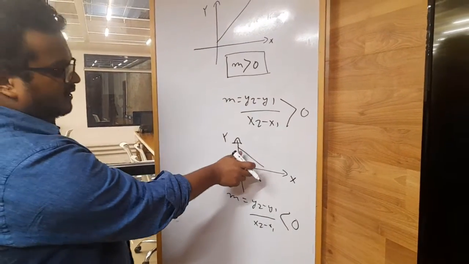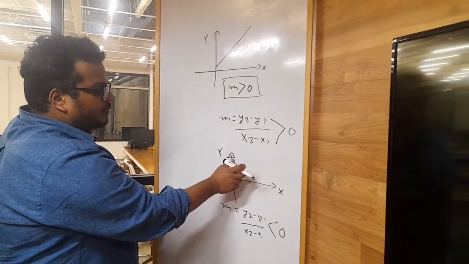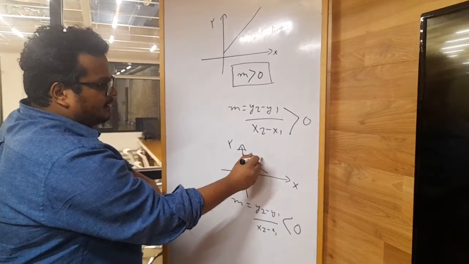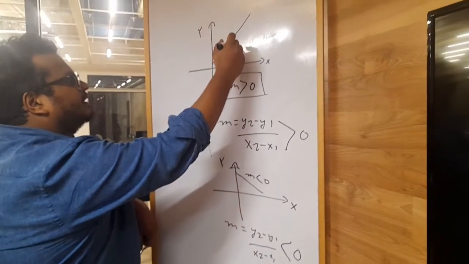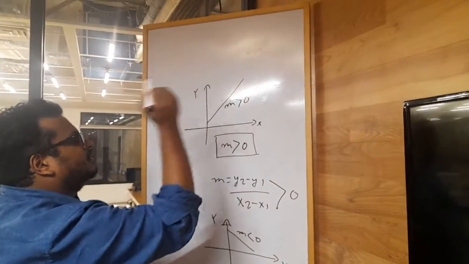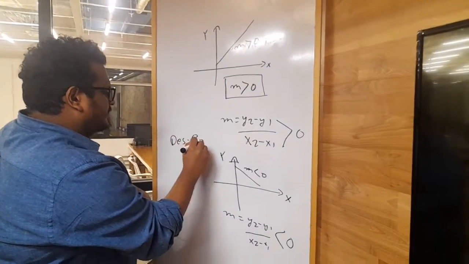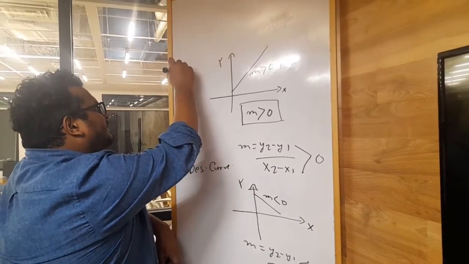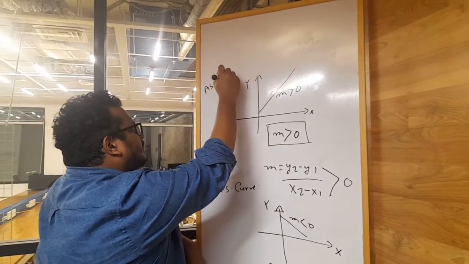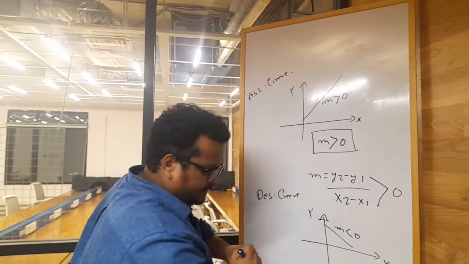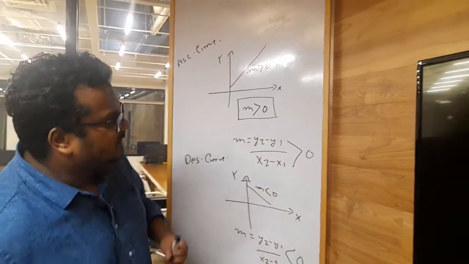In this kind of line, slope is always less than 0, and in this kind of line, slope is always greater than 0. So for descending lines, slope is negative. For ascending lines, slope is positive.